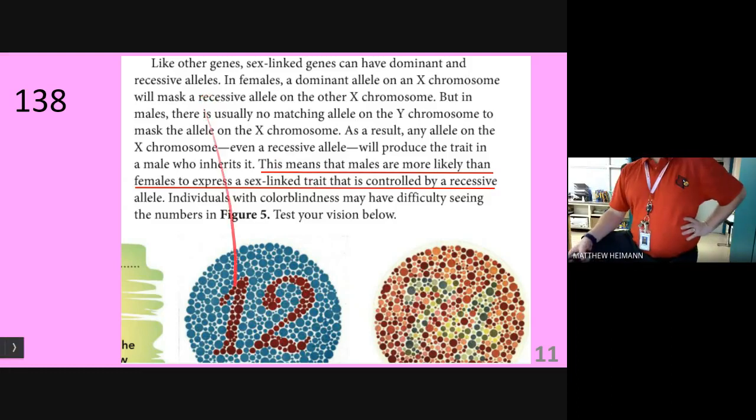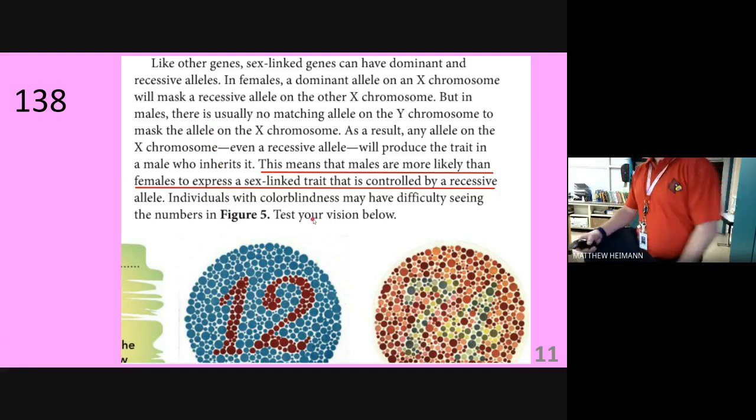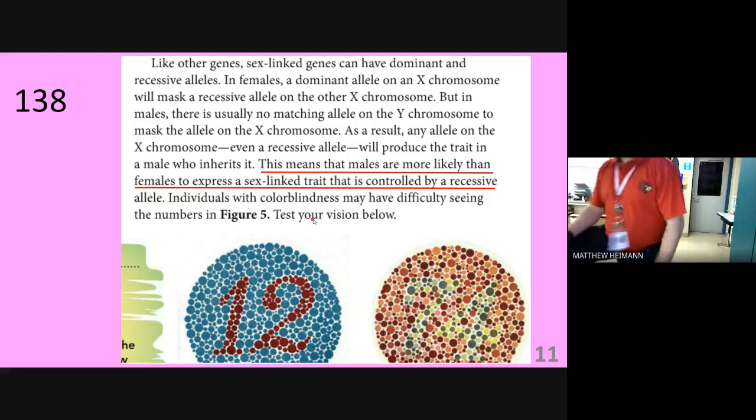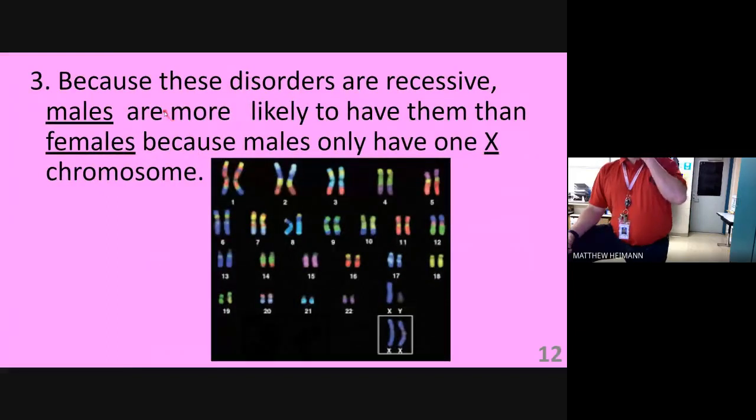And that happens in colorblindness and hemophilia. Remember the first question we talked about, the warm-up, hemophilia, where your blood doesn't clot, where you just bleed a lot. And there's a few more. Because these disorders are recessive, males are more likely to have them than females, because males only have one X chromosome.